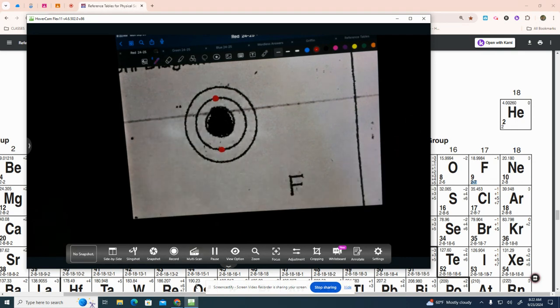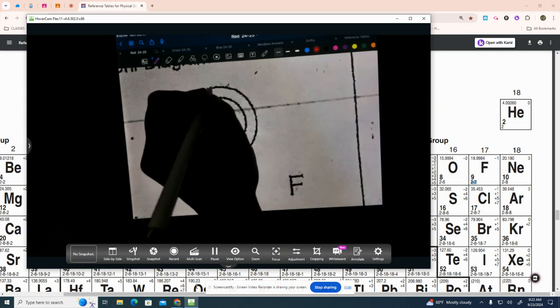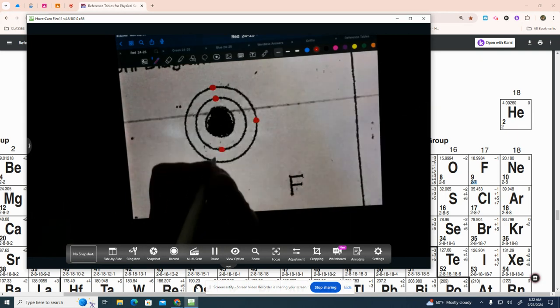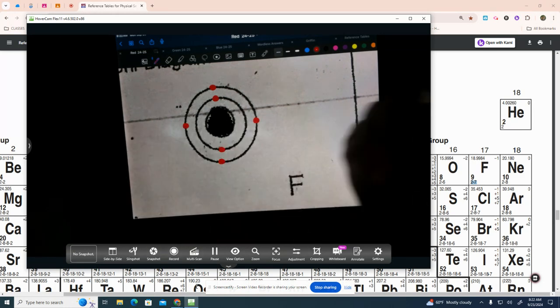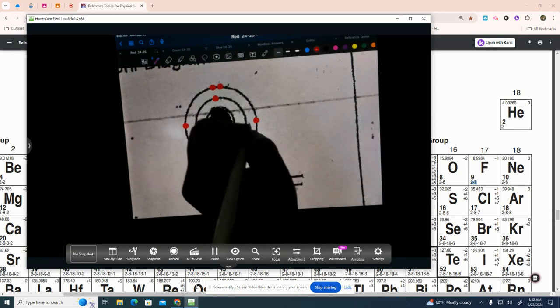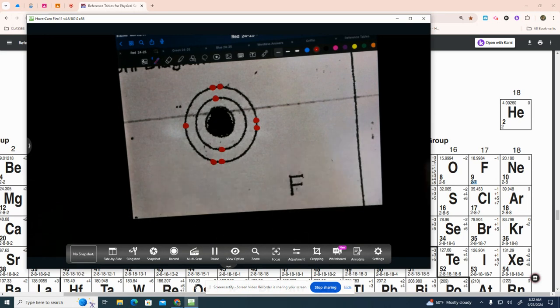In the second energy level, how many electrons am I going to place in there? 7. Start at 12 o'clock, 3 o'clock, 6 o'clock, 9 o'clock. That's 4, 5, 6, 7. How many valence electrons does it have? 7. Okay? So now we've covered drawing simple Bohr diagrams.